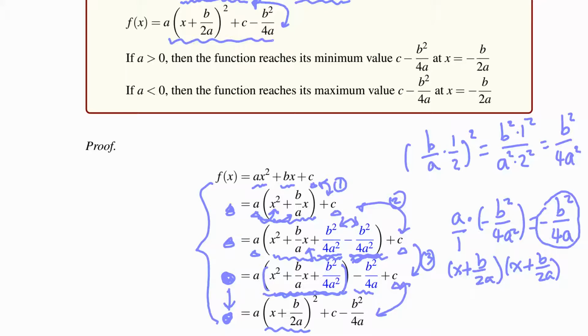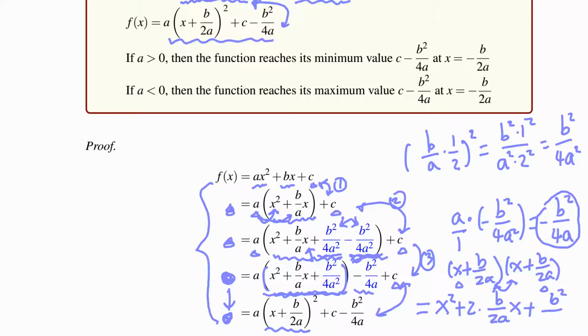Then you know that will be what? By the FOIL method, x times x is x squared. Outer product is x times b over 2a, that will be b over 2ax. Inner product is the same, b over 2a times x, so you double that. Then finally is b times b, b squared.